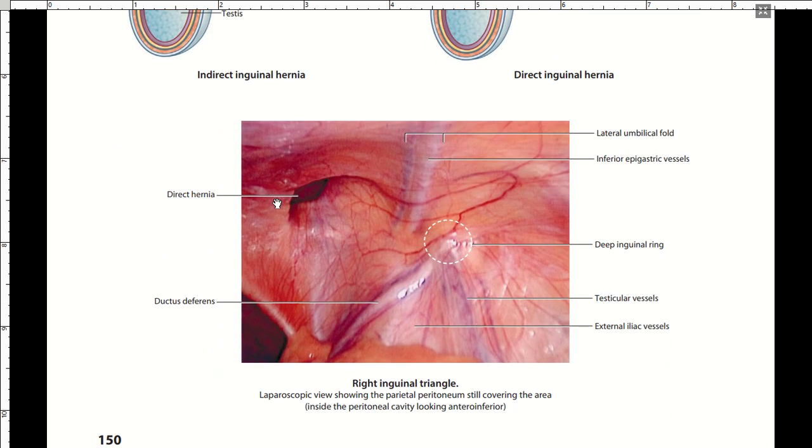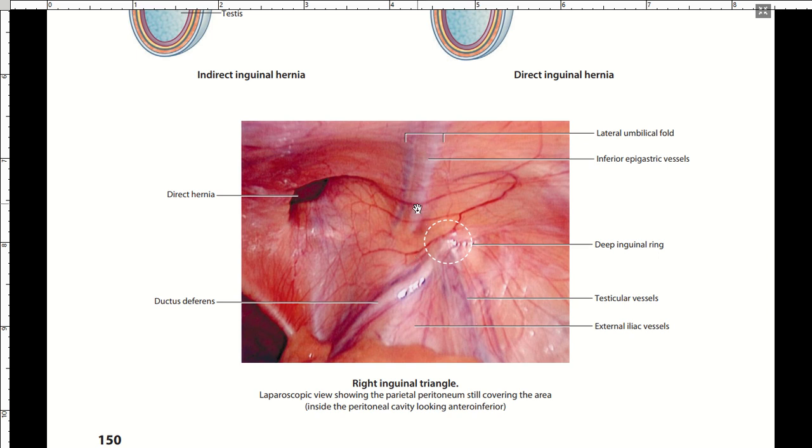Good. Let's look at this. This is a real picture of a hernia. You can see a bowel, let's say a small intestine, protruding outside. This right here is your lateral umbilical fold, which we said if it is cut, it bleeds.